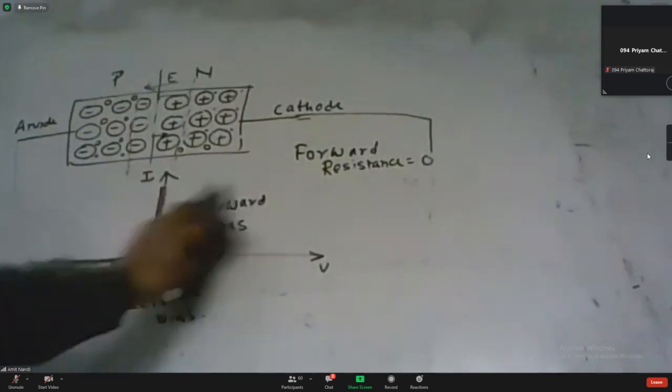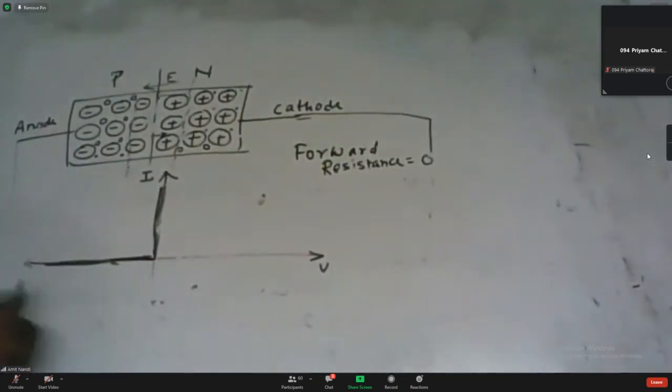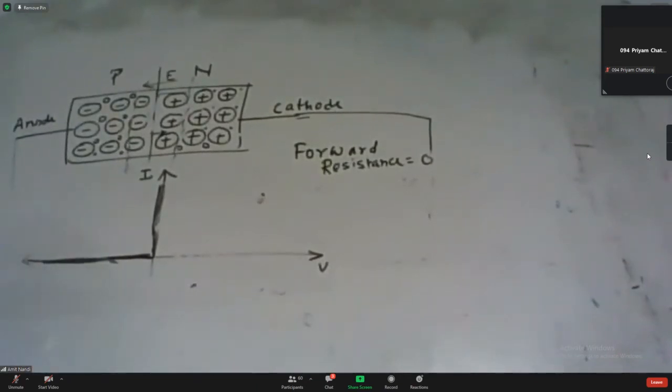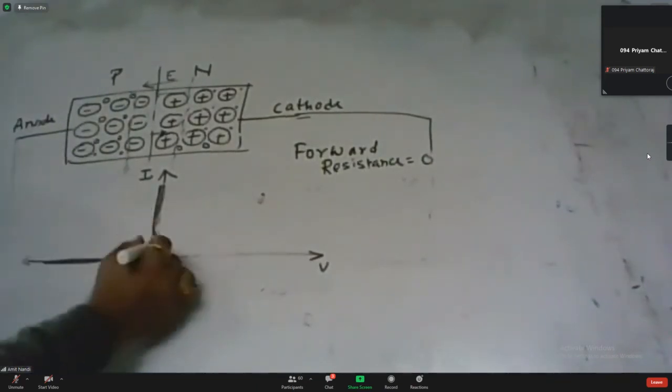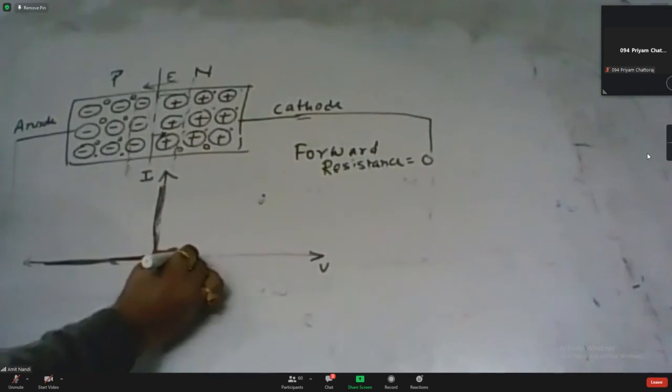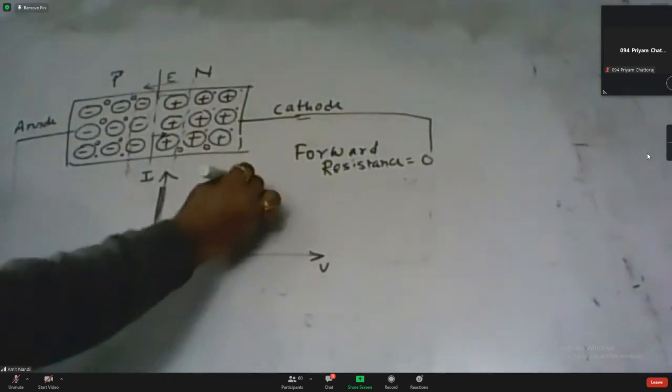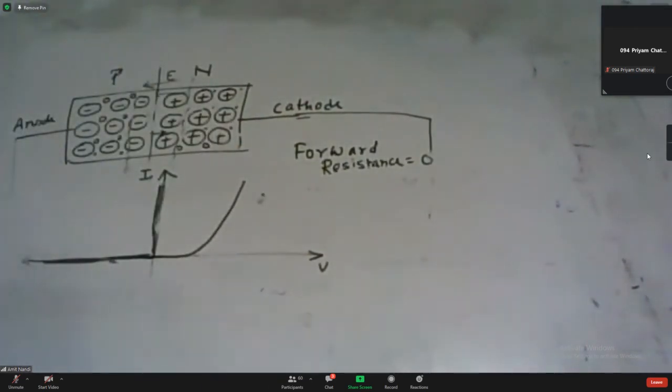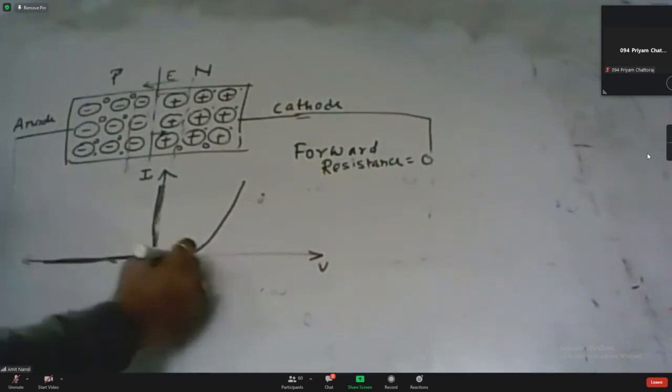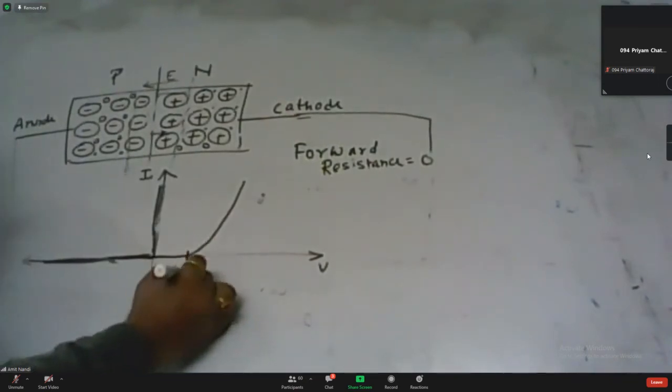In this case, we see that after a certain amount of voltage, the current will increase exponentially. The current will change exponentially. So this voltage is basically called the cut-in voltage.